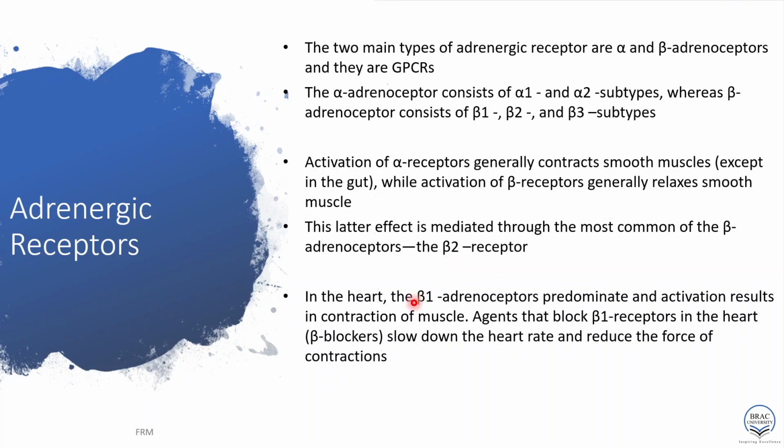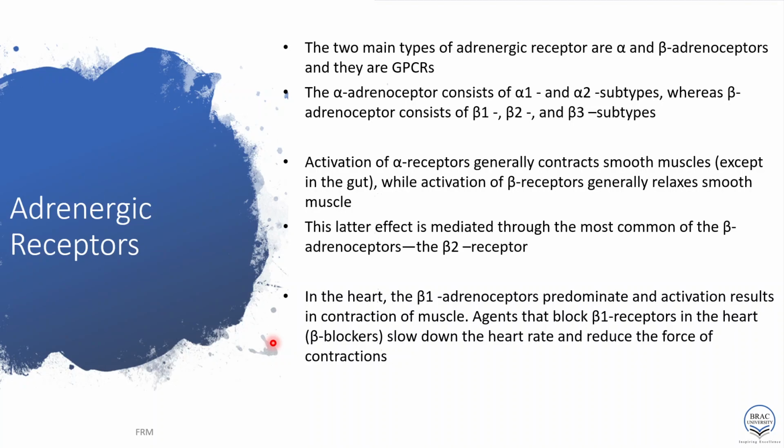So as I mentioned, more selective drugs are used, and those mainly block beta 1 receptors in the heart and reduce the blood pressure.